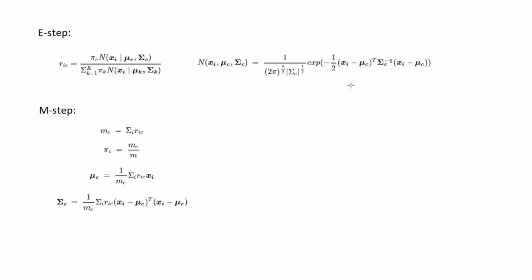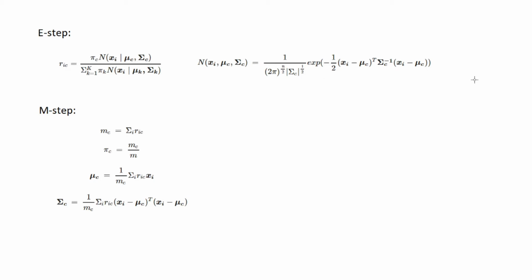This is the multivariable formula for Gaussian, and this may seem very complex or complicated if you haven't studied multivariable calculus or more advanced statistics, but I can assure you we will not have to think so much about what this function is actually saying to understand this algorithm.